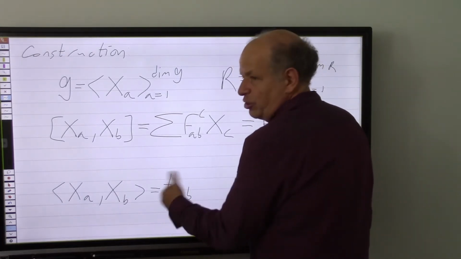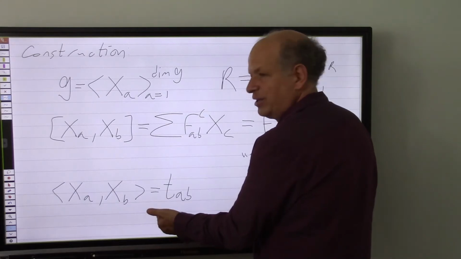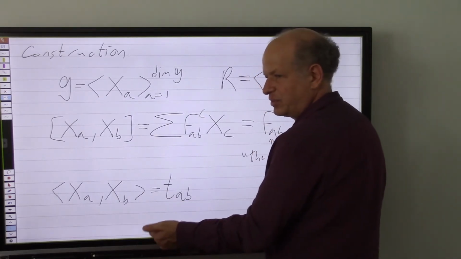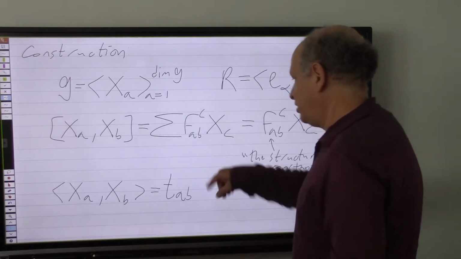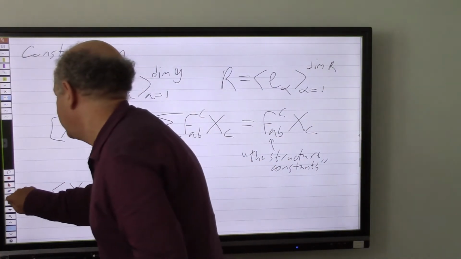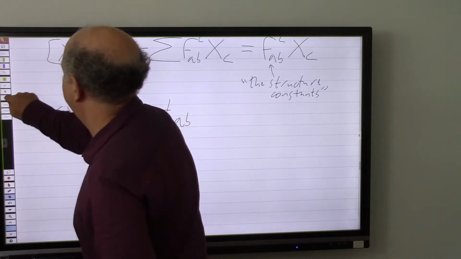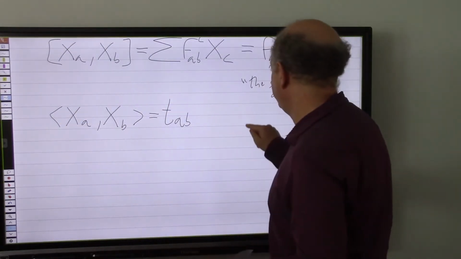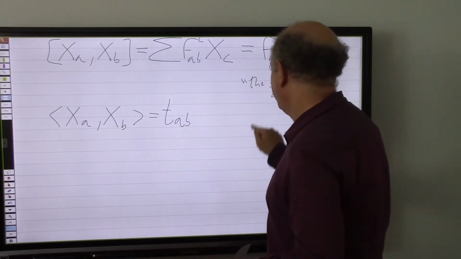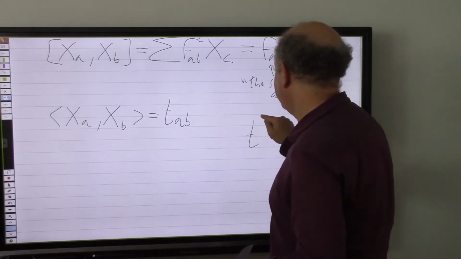And since it has no kernel, and it's square, it's invertible. So t_ab has an inverse. Let me also give a name to the inverse: the inverse of t_ab will be t^bc.